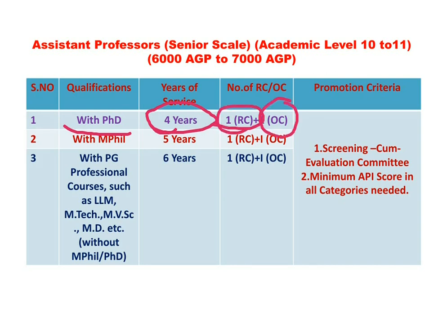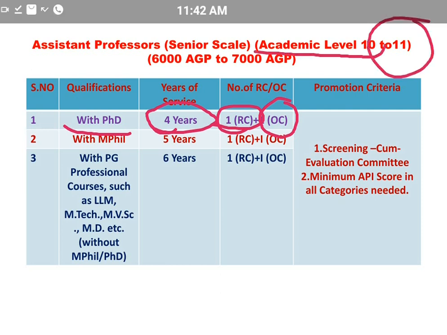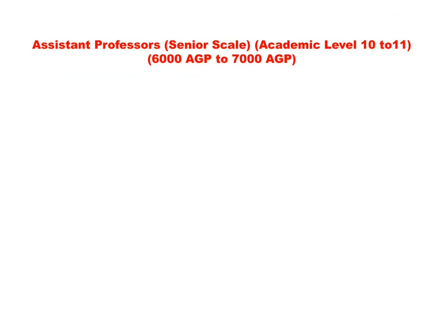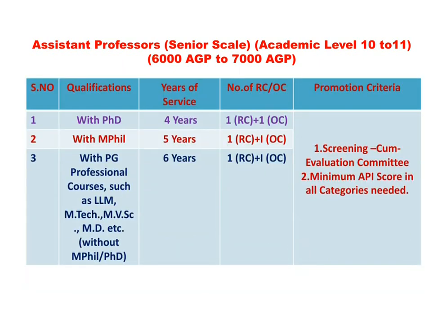It means one refresher course and one orientation course are necessary for the next category, academic level 10 to 11. Simply, we can understand it as 6000 AGP to 7000 AGP. In this category you need to fulfill all the eligibility criteria.